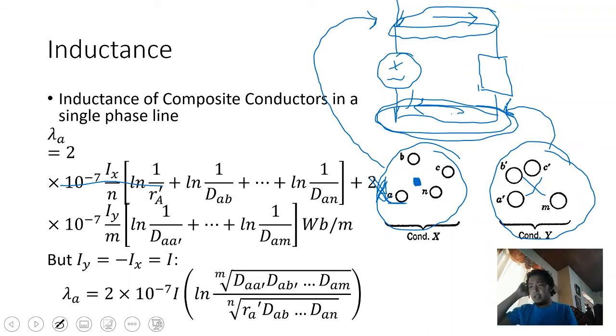Okay? Now, if we want to get the inductance of A, it is affected by its self-inductance, its internal inductance.